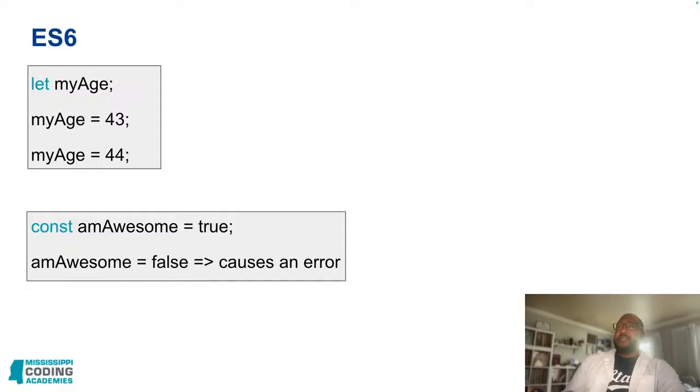Say when it comes to things that are more permanent, like some kind of formula, like converting temperatures, like we've been doing, converting Celsius to Fahrenheit. I can use const right there because that formula is not going to change. The way that we convert Celsius to Fahrenheit and Fahrenheit to Celsius, that's not going to change.